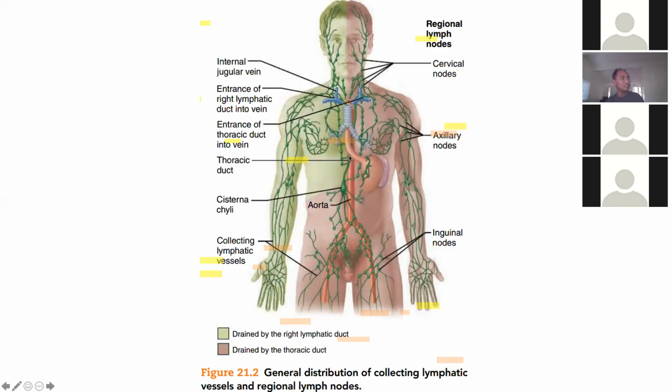Look at that thoracic duct. Let's follow it. It starts on the right side, crosses the midline, and goes to the left side. Finally, this thoracic duct will go into the junction between the left internal jugular vein and subclavian vein. That junction here, the thoracic duct will drain into.